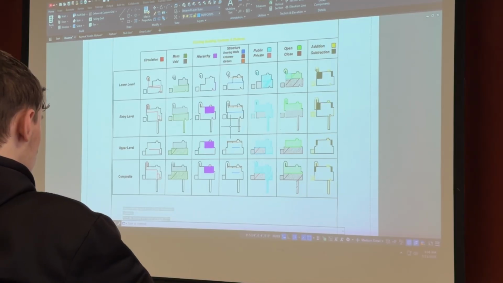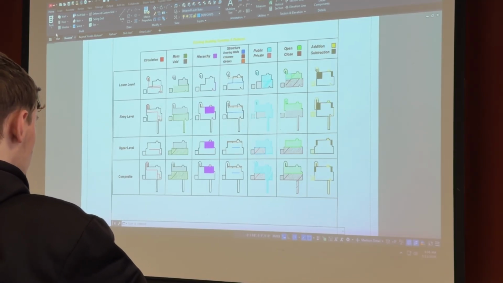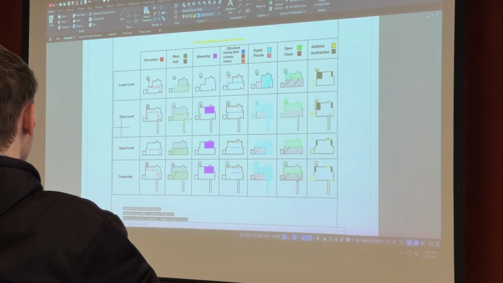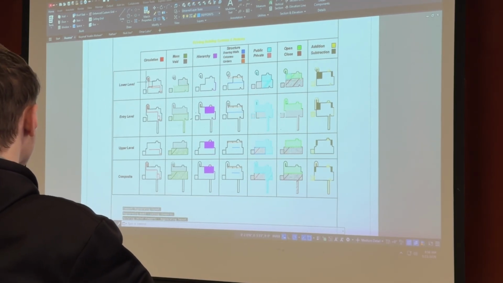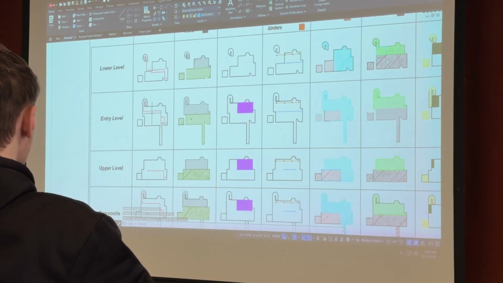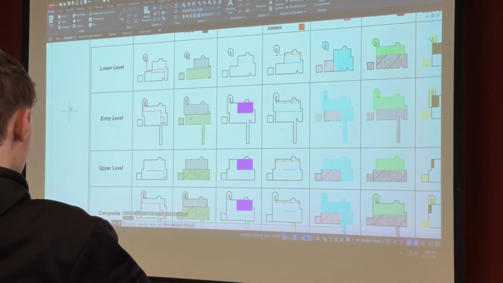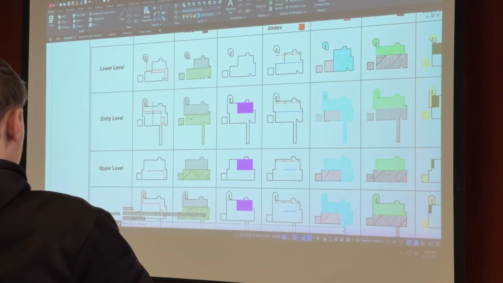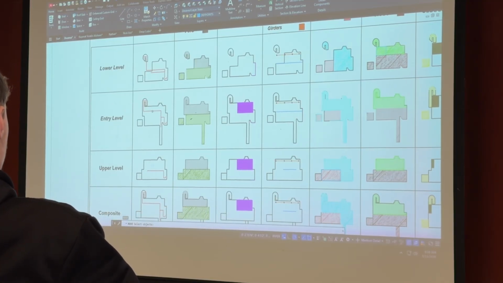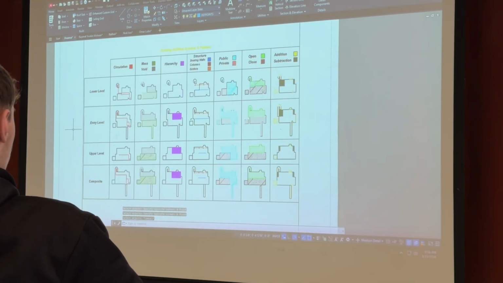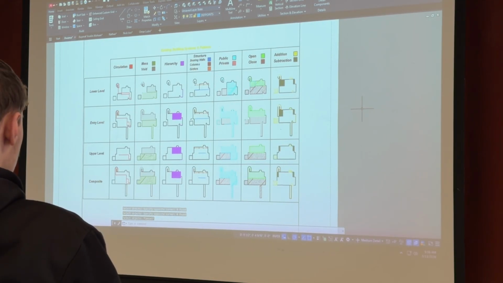Let's start with, John, start with you. So, circulation, this one probably wants to be further down. It's paper space.